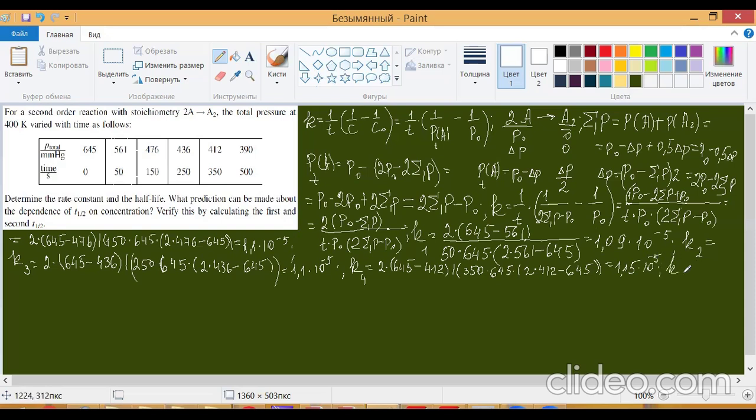And k of 5 is next. Let me do it without writing the intermediate expressions. So 645 minus 390. Okay, then we double it and divide by the time which is equal to 500.